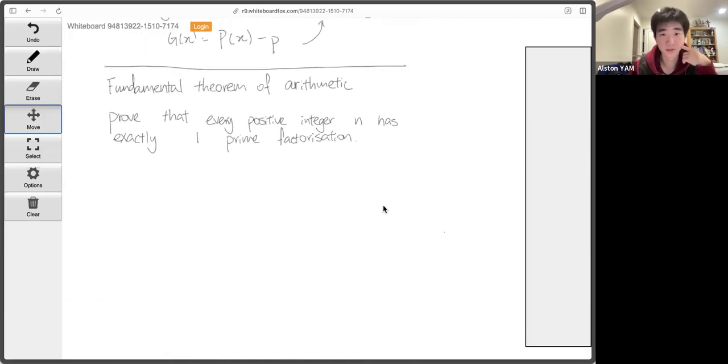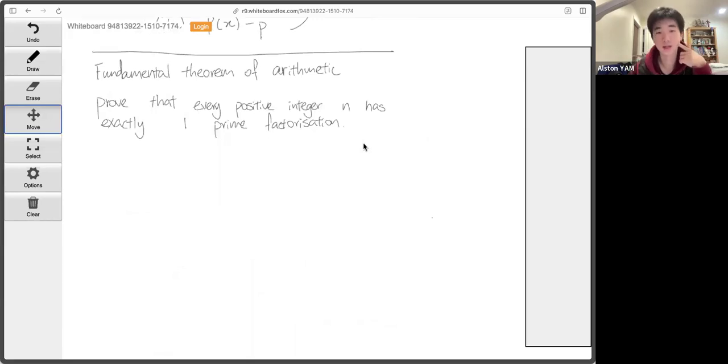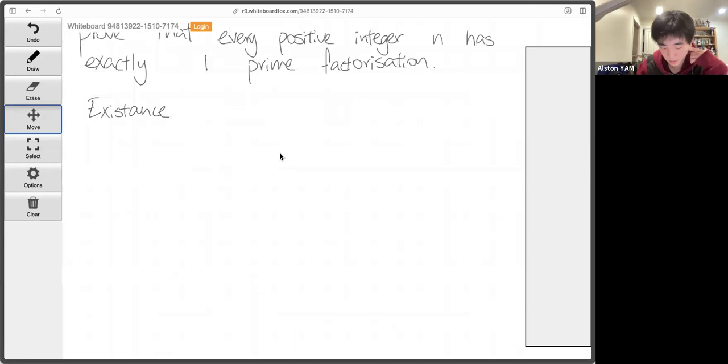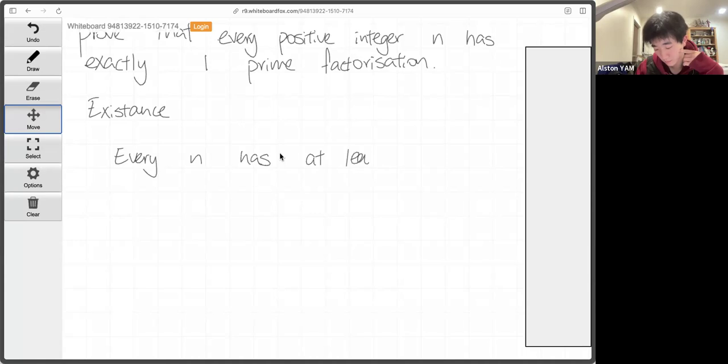Fundamental theorem of arithmetic. We have to prove that it has exactly one prime factorization. Let's prove the existence part first. Existence. The existence part of the problem is that every number has at least one prime factorization.